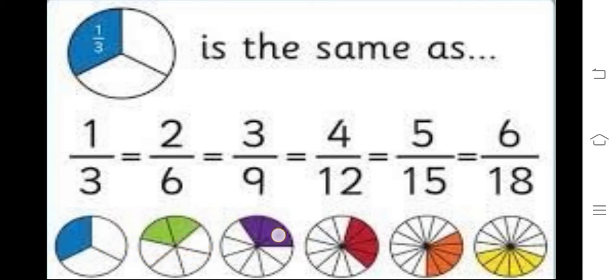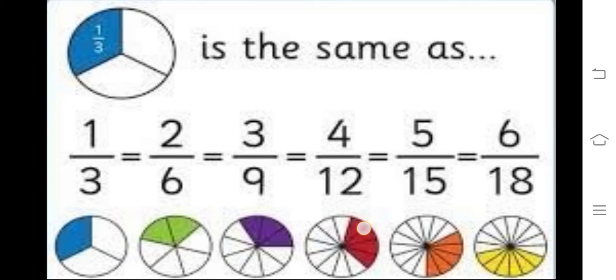Here also you see 3 by 9. This is fully divided into 9 parts, but in this only 1, 2, 3 are partitioned, and it has not taken the other space. In the same space of 1 itself they have covered 3. Next, this also you see, 4 by 12.